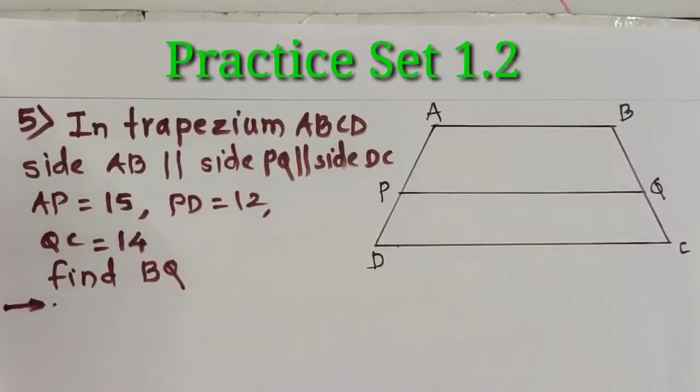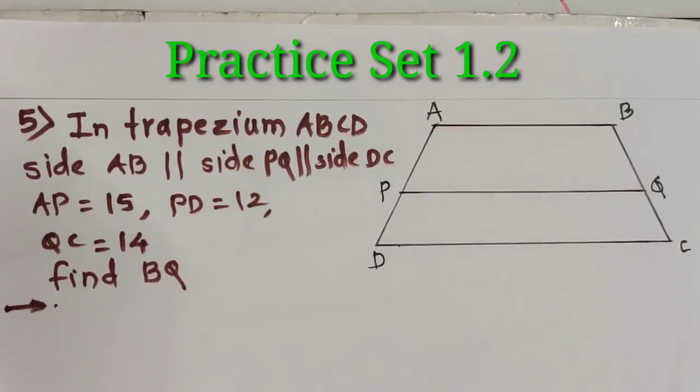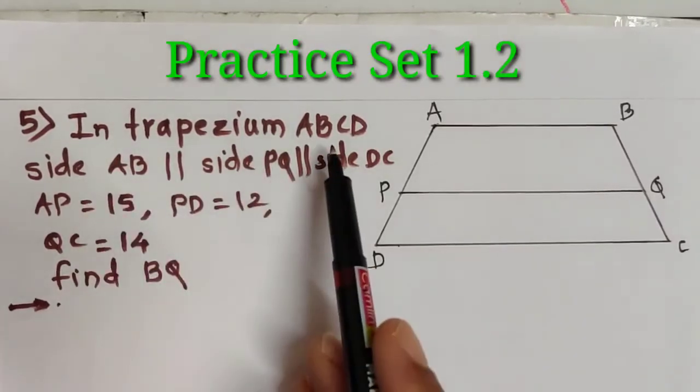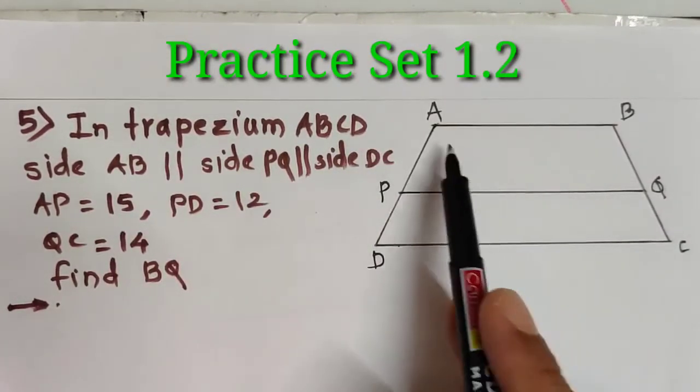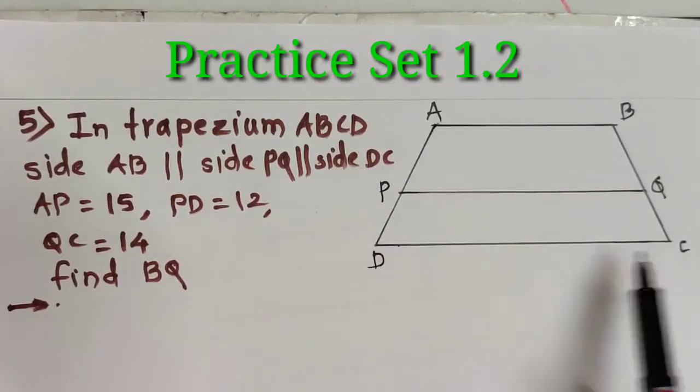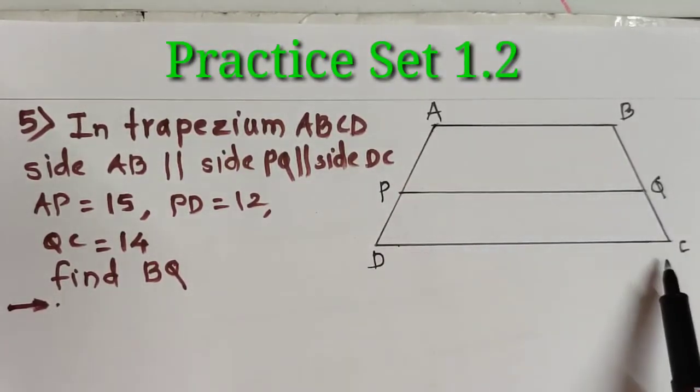Now here it is the fifth sum from practice set 1.2. Here we have to use the property of three parallel lines. If we observe the figure, what is given? In trapezium ABCD, trapezium means only one pair of opposite sides is parallel, here AB parallel DC.